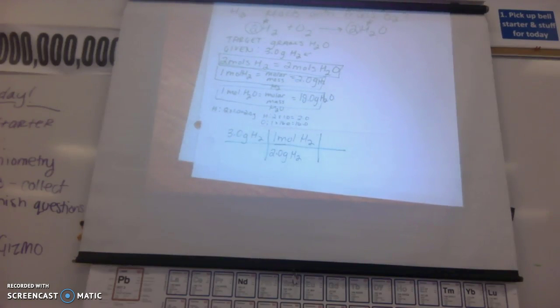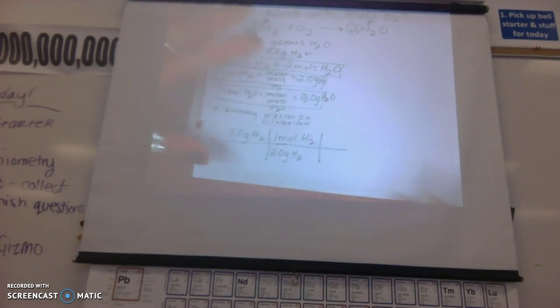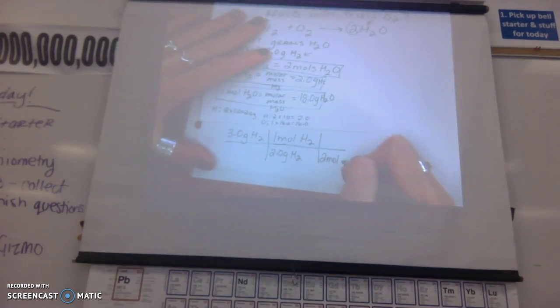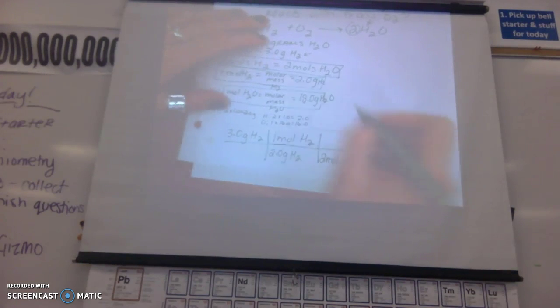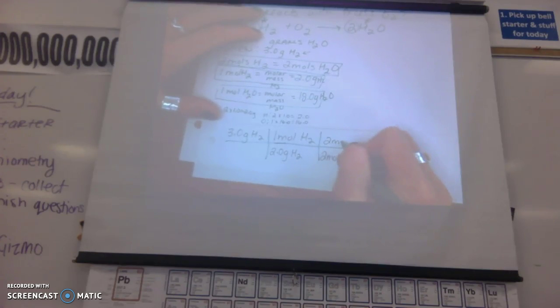Now that I'm in moles, I can jump from moles of my given to moles of my target. Which one compares moles of hydrogen to moles of H2O? The first one. So we know 2 moles of H2 are equal to 2 moles of water from our coefficients.